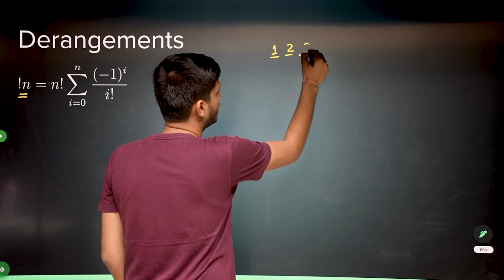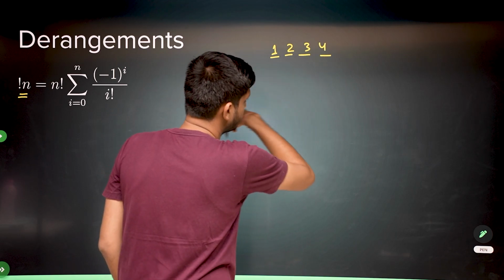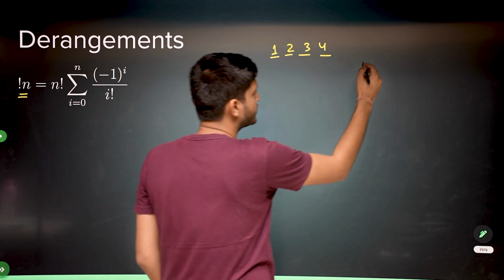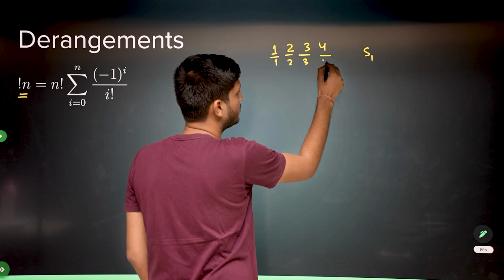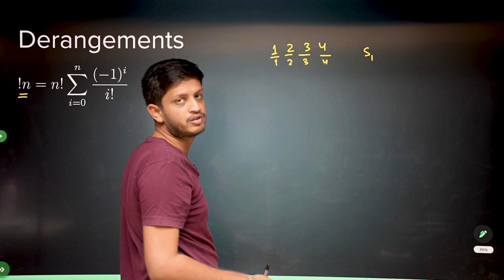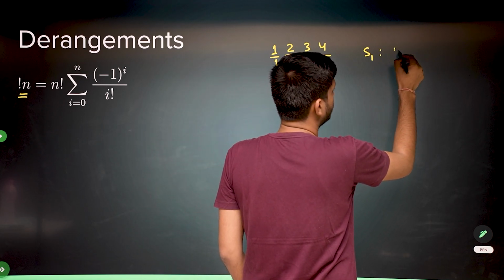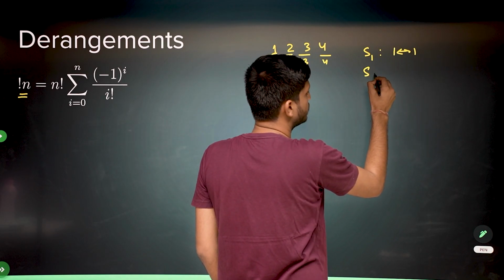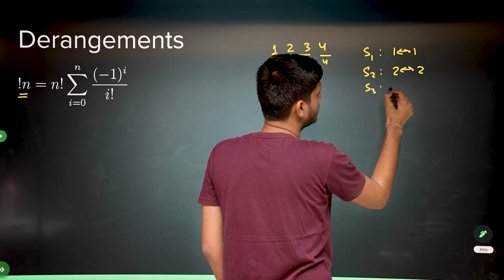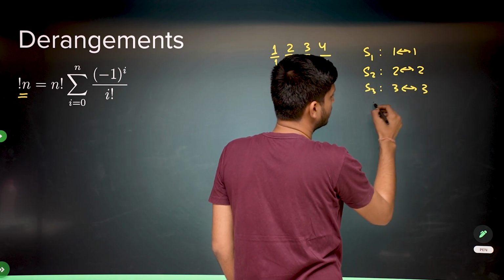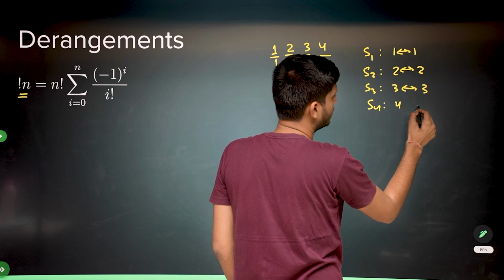Just to give you an idea, let's say we have 4 objects. Again, we will have 4 sets. This is like cover number 1, cover number 2, cover number 3, cover number 4, and we have 4 objects 1, 2, 3, 4. Set S1 is what? 1 goes in the correct cover. Set S2 is what? 2 goes in the correct cover. Set S3, 3 goes in the correct cover. And set S4, 4 goes in the correct cover.